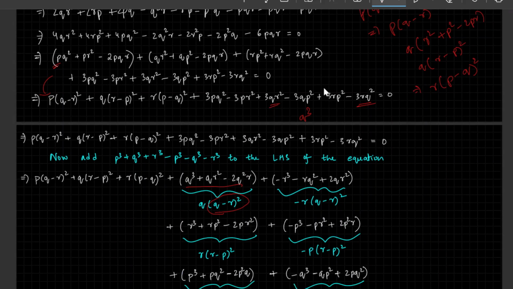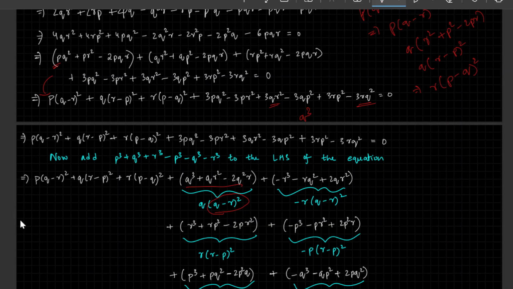Just because we have added Q cube, we even need to subtract Q cube. Similarly with the P cube case and the R cube case. So Q cube plus QR square minus 2Q square R leads to Q of (Q minus R) whole square, and minus RQ square plus 2QR square leads to minus R of (Q minus R) whole square. These are all the terms that we need to notice, then only can we apply this logic.